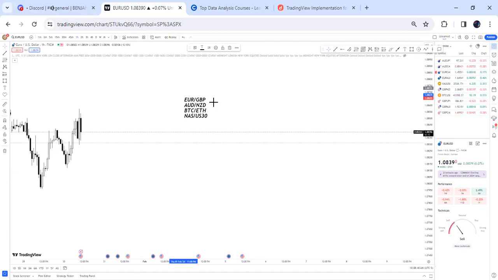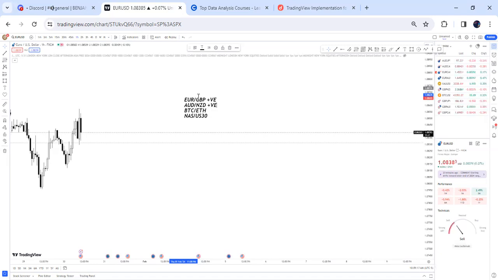Now, your euro and your GBP are positively correlated, meaning that if euro is buying, we also want to see GBP buying. If AUD is buying, we also want to see the NZD buying.